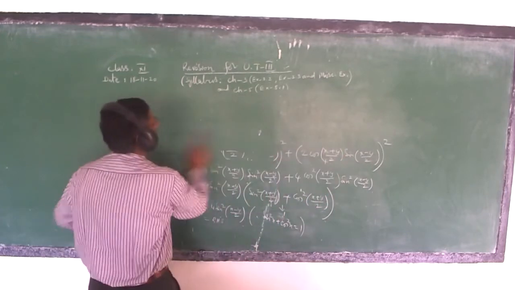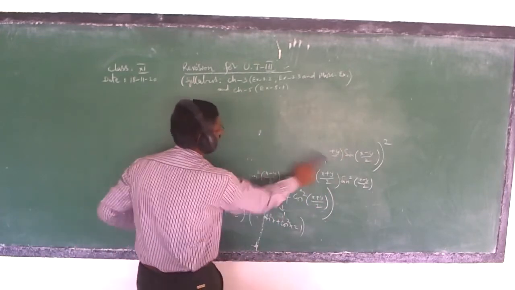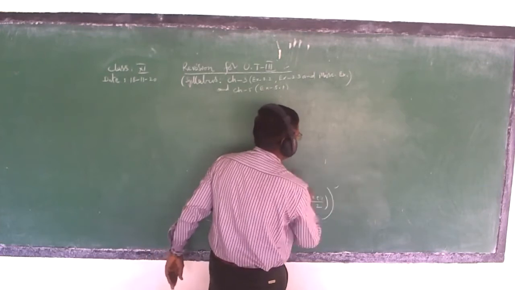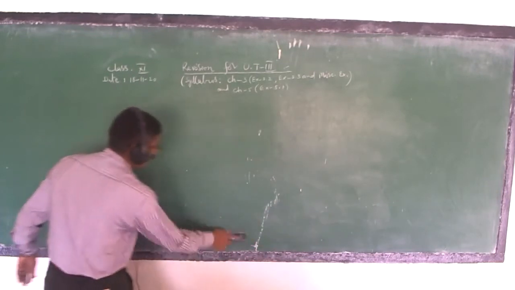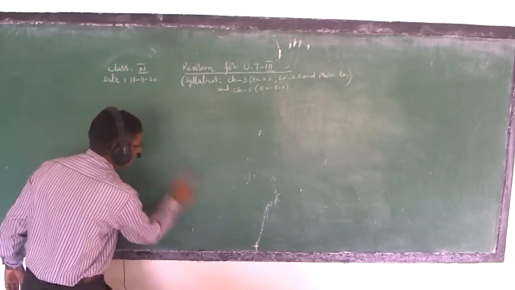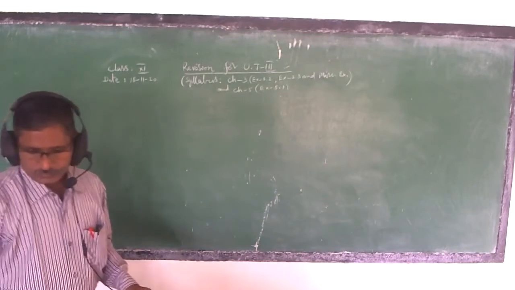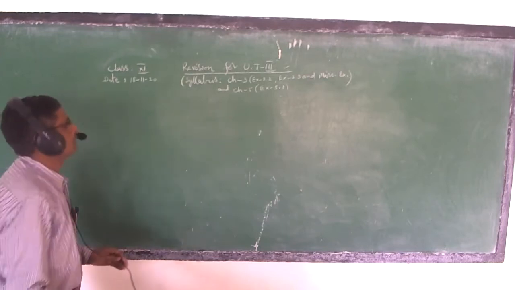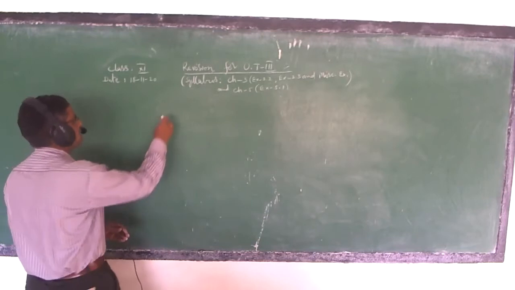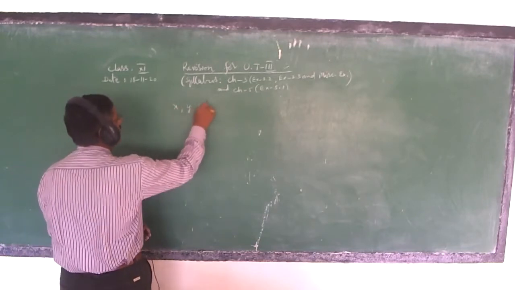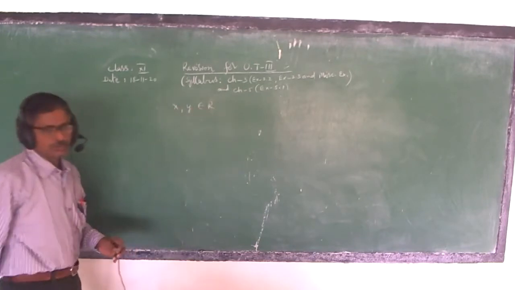Then after trigonometry, chapter 5, complex numbers. This is a new topic to you. You are learning complex numbers this year only. Suppose x and y are two real numbers.